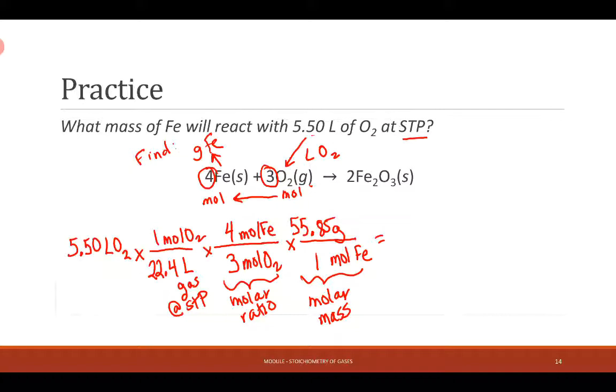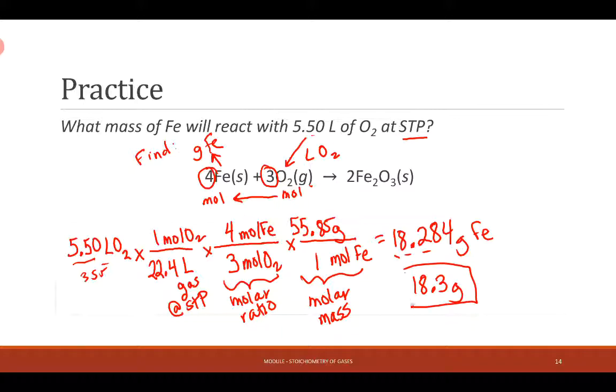That is 18.284 grams of iron. Check my sig figs. This is 3 sig figs. So I'm going to need 3 sig figs, 18.3 grams of iron.